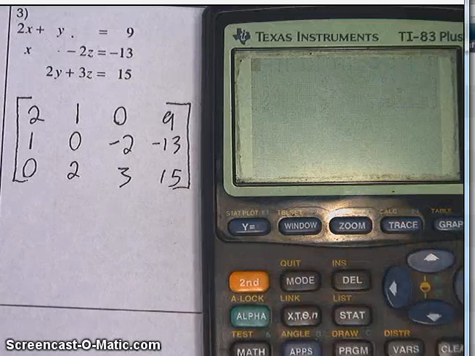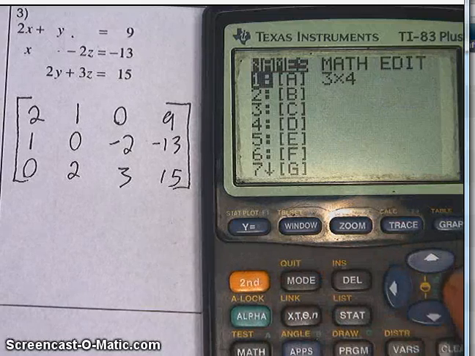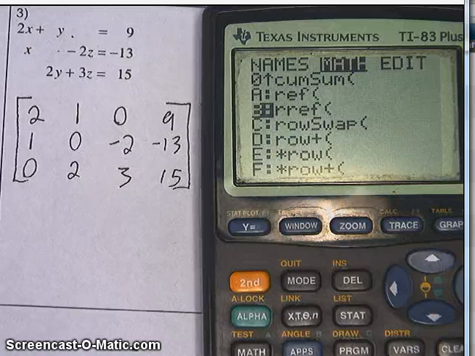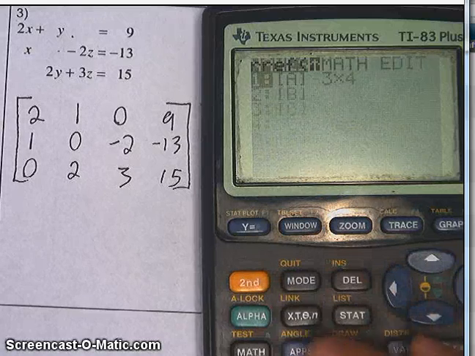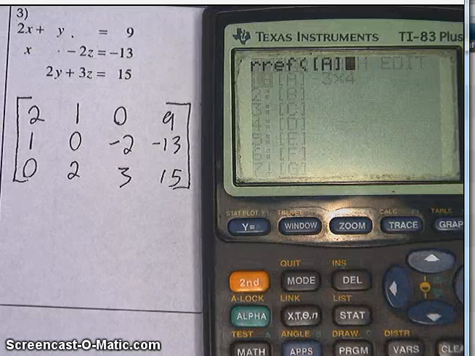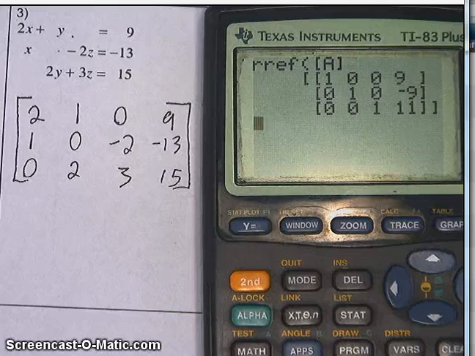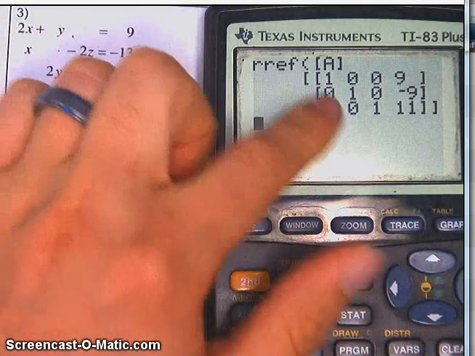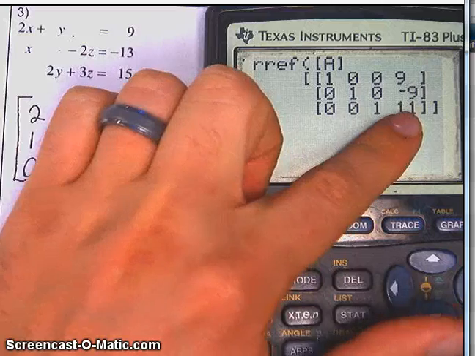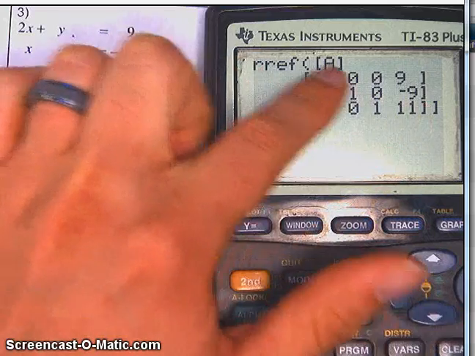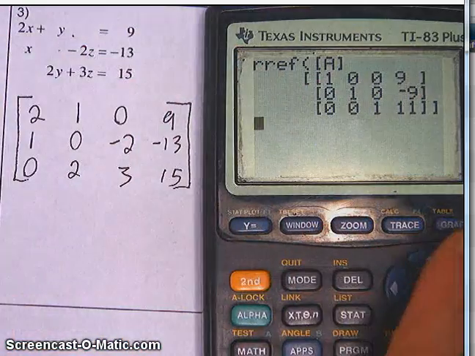Second quit, second matrix over to math, up to B, second matrix, enter on A, enter again.